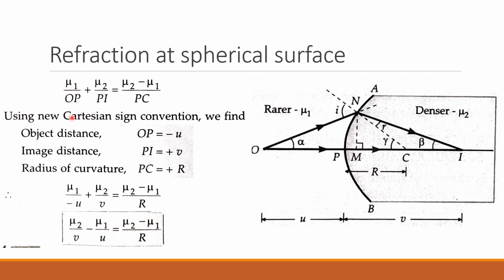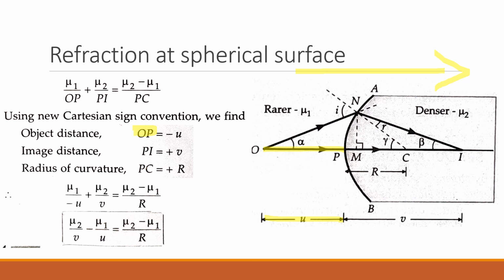Now let's use the sign convention. According to the sign convention, the incident light is always directed from left to right. So any distance in this direction will be taken positive. Let us consider your first distance, your object distance, PO, or I can also write OP.